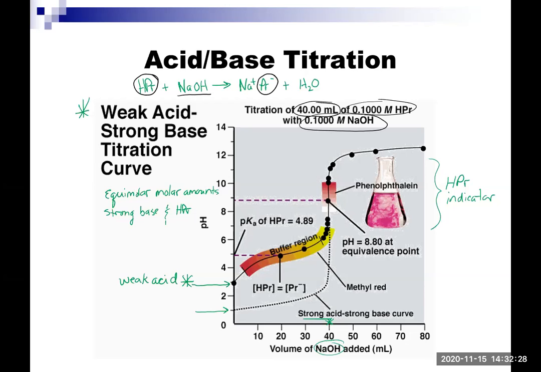So once we add 40 mLs of sodium hydroxide, we have equimolar amounts of HPR and OH in solution. And that's where we have our equivalence point. So the OH minus is equal to the HPR concentration right here at this equivalence point.